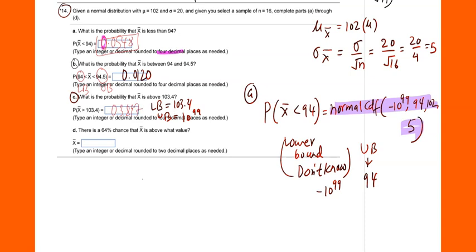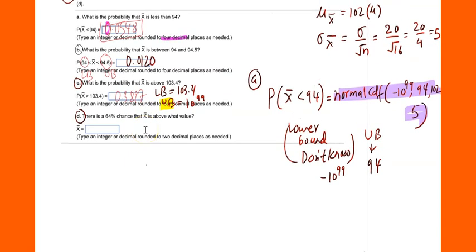Okay, pause the video, try yourself and see if you get the answer or not. Round it to 4 decimals. Part D is slightly different. There is a 64% chance that x bar is above what? Therefore you're looking for x bar here, okay? And to find the x bar you need to use INVNORM, if you remember that.